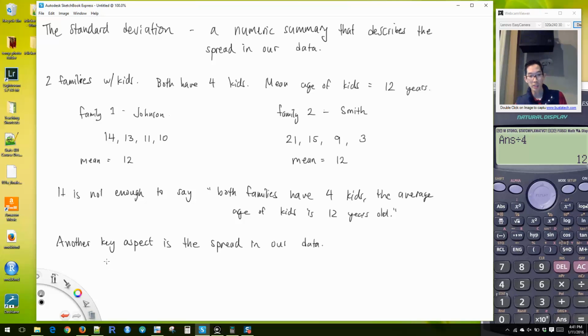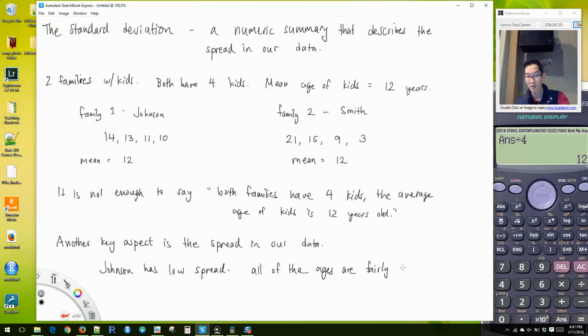And so the Johnson family has low spread, meaning in this case all of the ages are fairly close to each other.